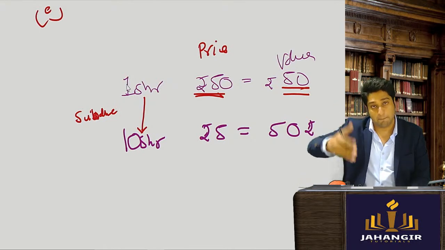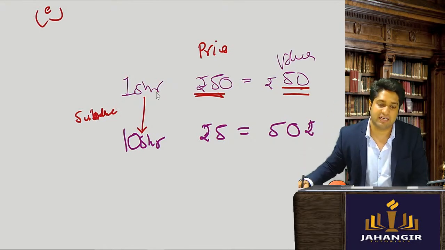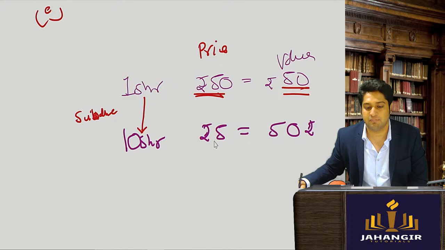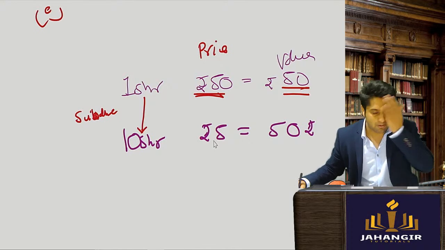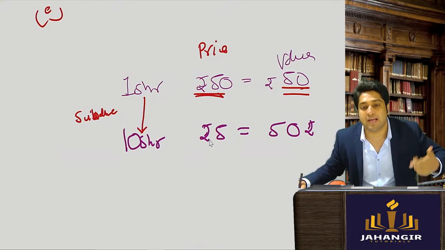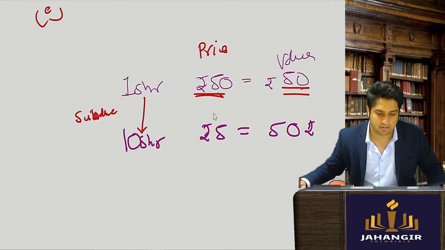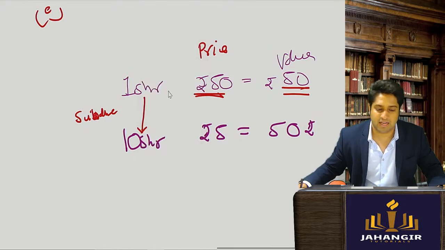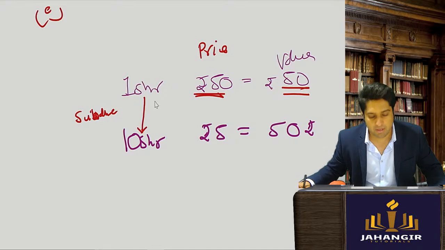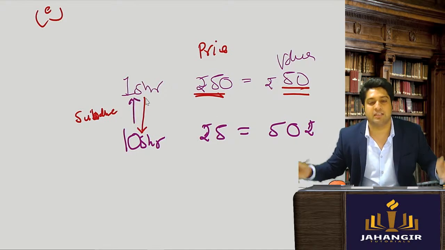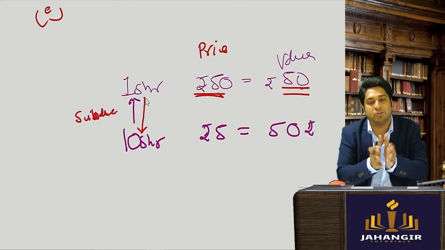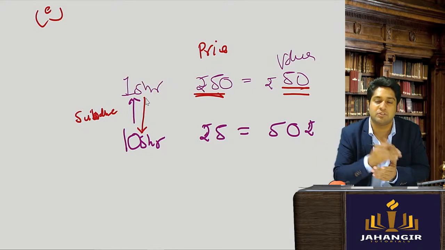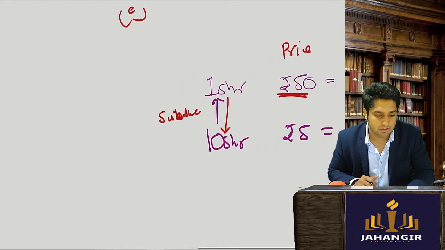They will break it, divide the share and make it 10 shares, and one share will be of rupees 5. So 5 rupee shares will be more liquid and it will trade much faster. However, if the company ever realizes that they don't want such a small amount, then they can consolidate. They can consolidate 10 shares into one and make the share price of one as rupees 50. So this they can do.